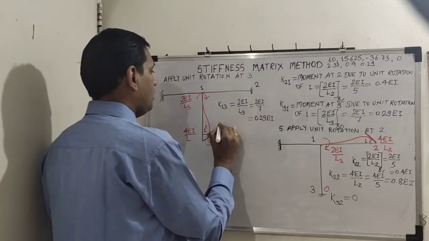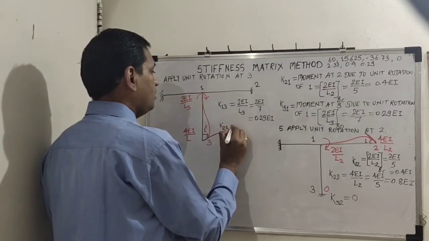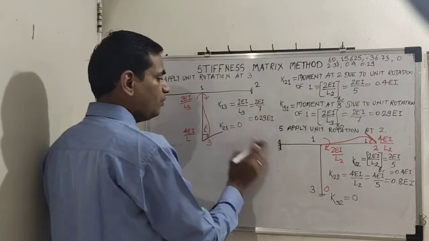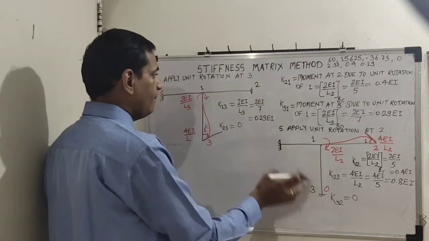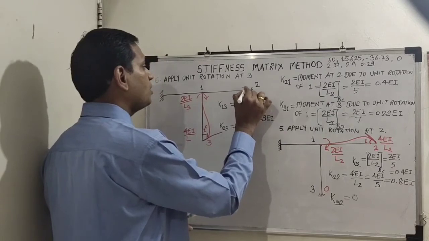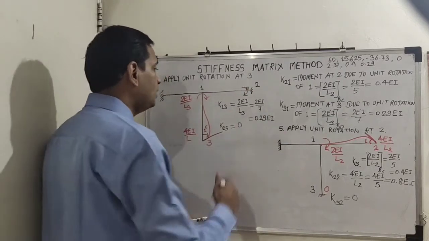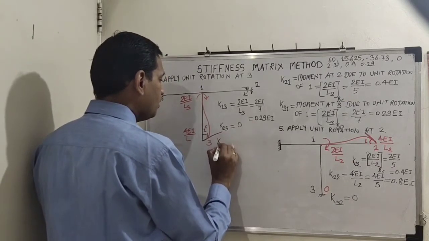Then K23. How much is here? 0. Is it equal to K32? Yes, because there is no rotation here, so no moment.